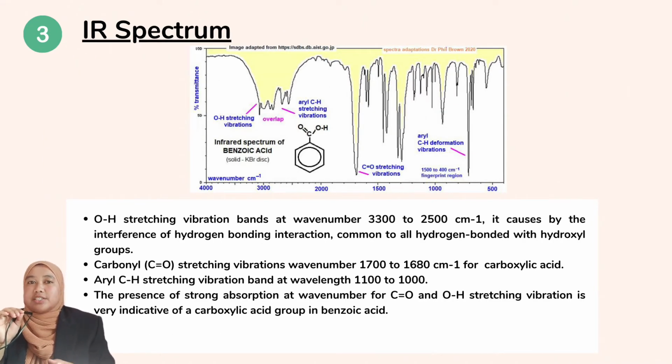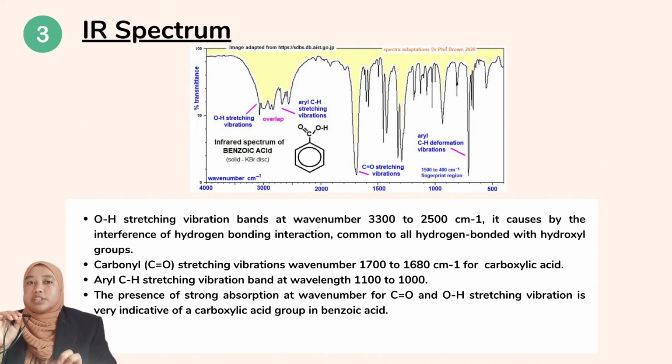Hydroxyl O-H stretching vibration at wave number 3300 to 2500 cm-1. It is caused by the hydrogen bonding interaction. This is common to all hydrogen-bonded hydroxyl groups. Carbonyl C double bond O stretching vibration at wave number 1700 to 1680 cm-1 for carboxylic acid.